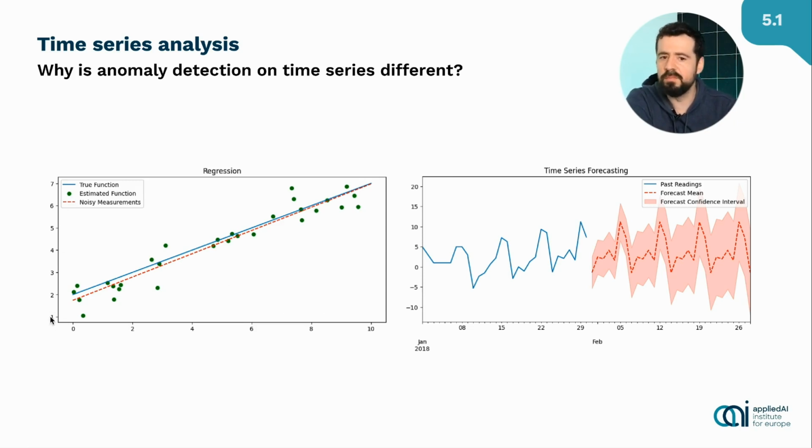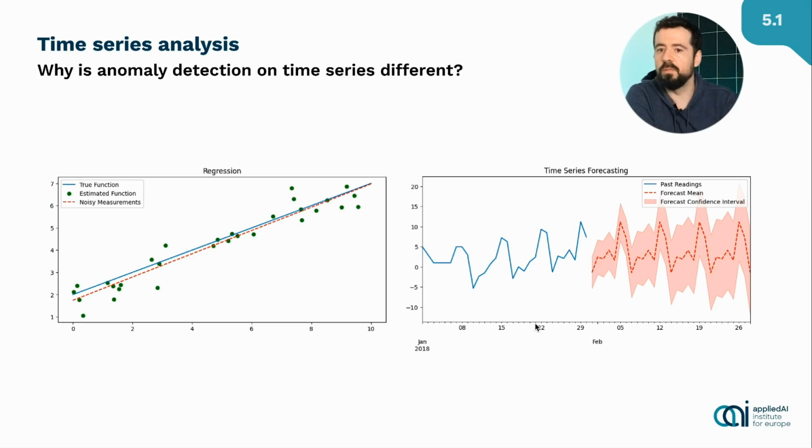We usually assume that x comes from a fixed distribution and that y is computed via some deterministic function f, plus potentially some measurement noise epsilon, which is usually modeled as homoscedastic and very often as a normal distribution. So since we assume that x comes from a fixed distribution, we can see that as we gather more and more data, we get a clearer and clearer view of the function in the support of the distribution.